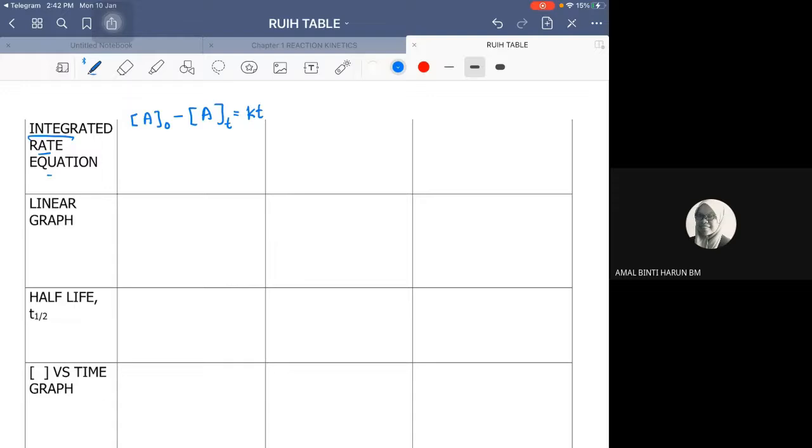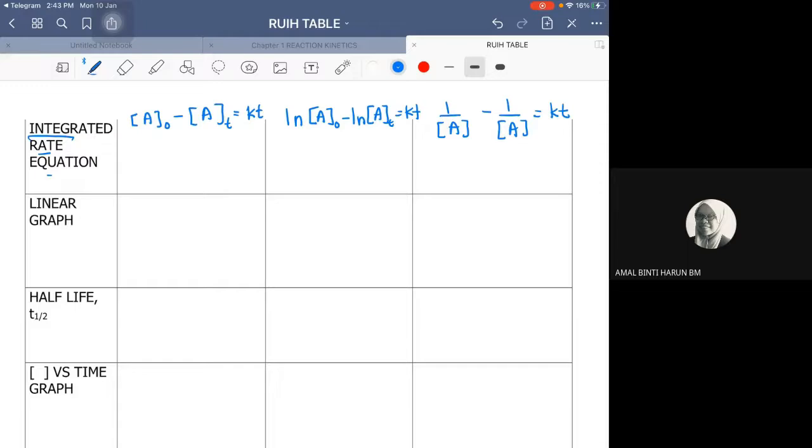Derive tak payah belajar. Kalau first order, sama juga trend dia, you tengok initial tolak time kan, tapi kita buat ln A initial minus ln A time equal to KT. Okay. Tapi kalau second order dia terbalik, dia 1 over A minus 1 over A initial equal to KT.